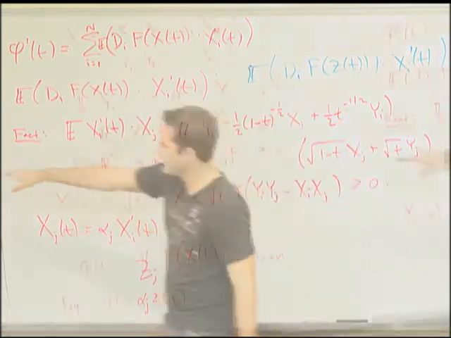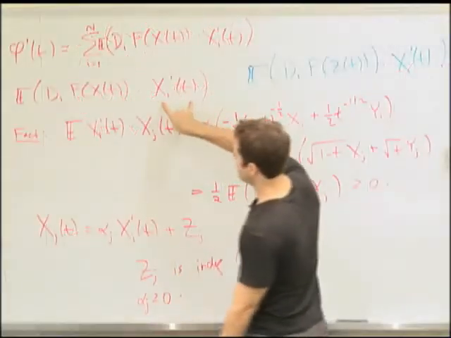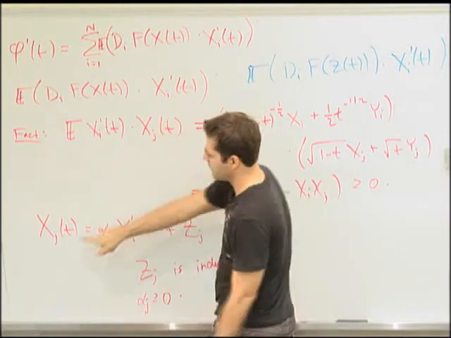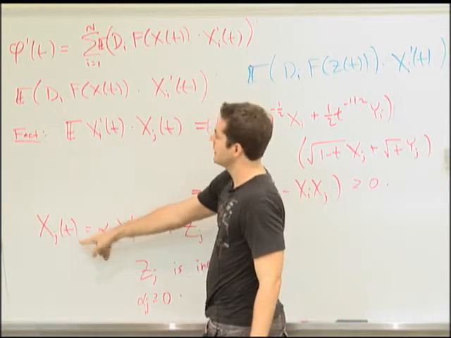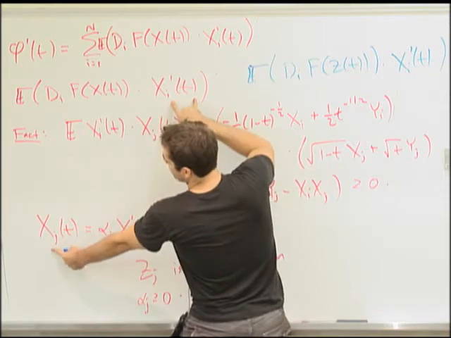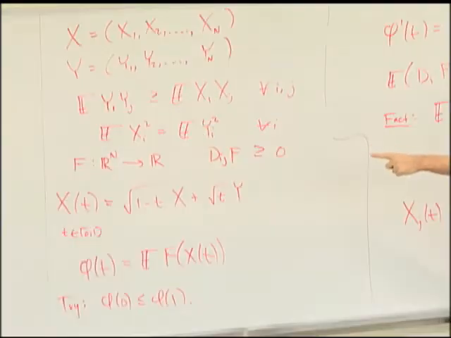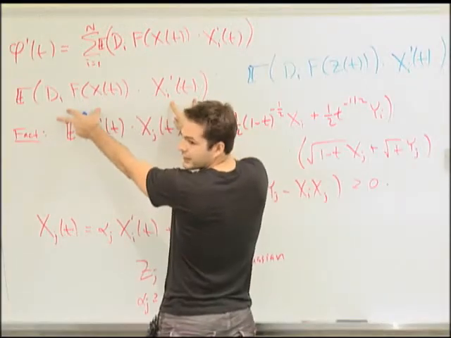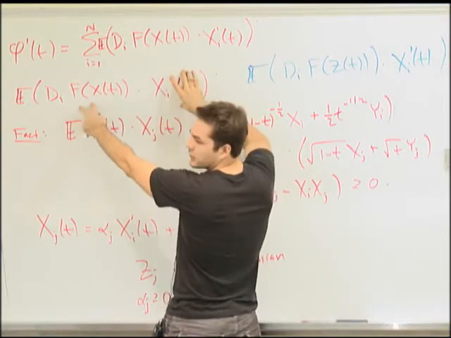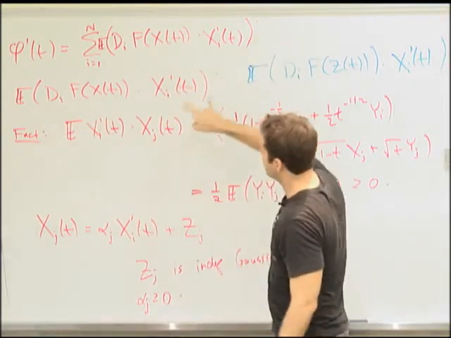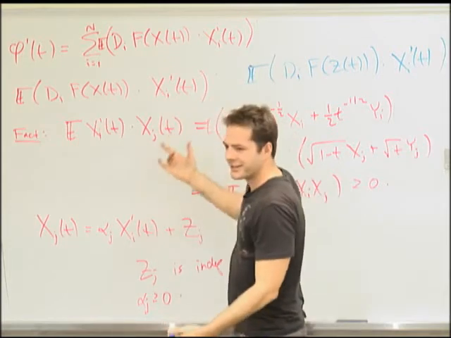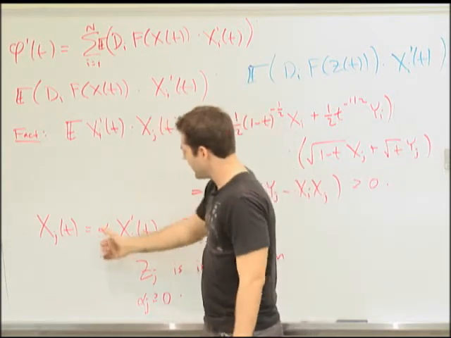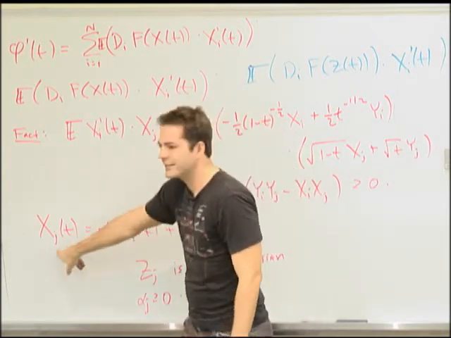So we assume that d_i d_j f is bigger than or equal to 0. So if this is negative, then as alpha j goes up, this goes down, which means that since d_i d_j f is greater than or equal to 0, this goes down. But this is negative and this is going down, so this thing is going up. And if this is positive, then as the alpha j's increase, this increases.